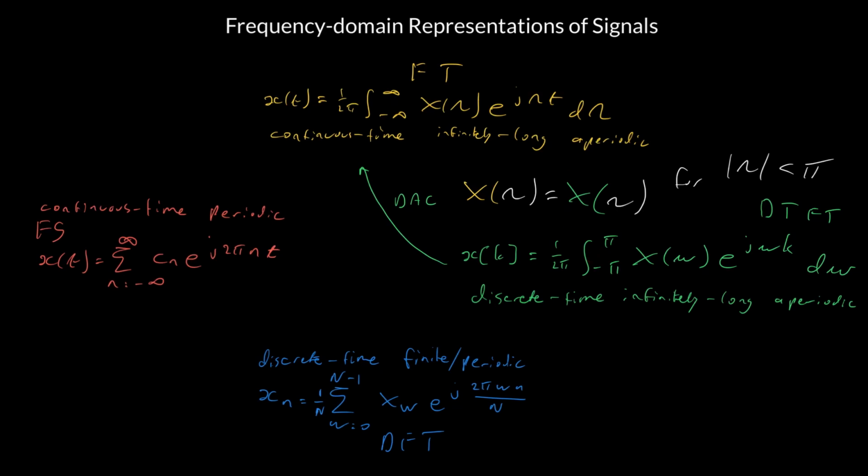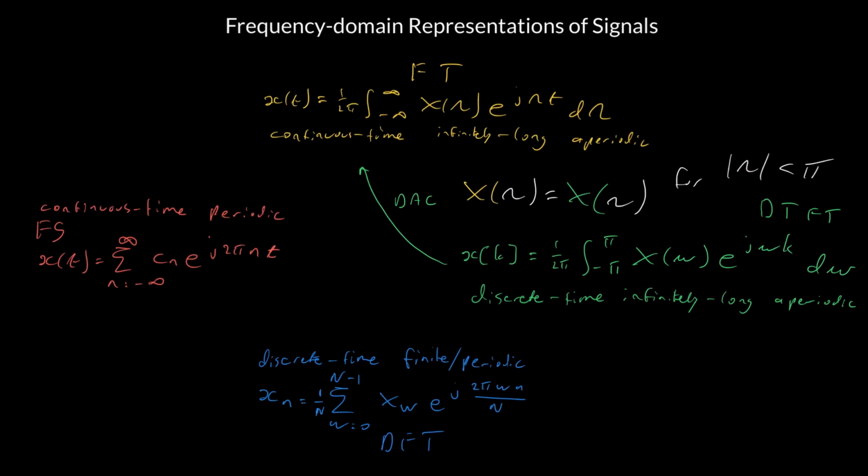Outside this region, we don't want to have any frequency components because we're trying to reconstruct a band-limited signal. So outside of this region, x of omega is equal to 0. Now x of small omega is periodic. Therefore, we do not have that the two x's are the same for all omega. It's only true for omega between minus pi to pi.